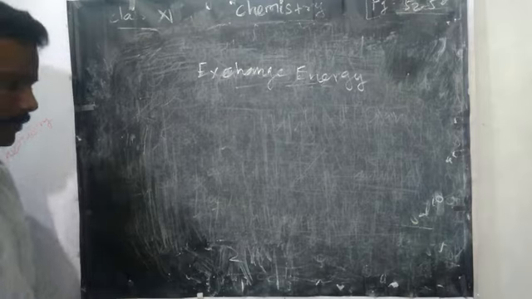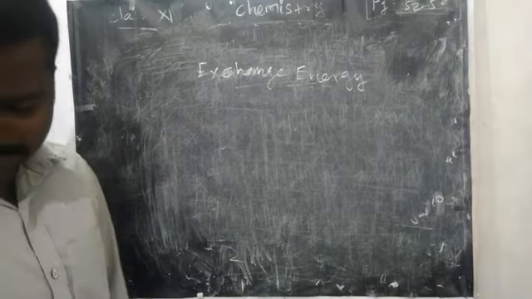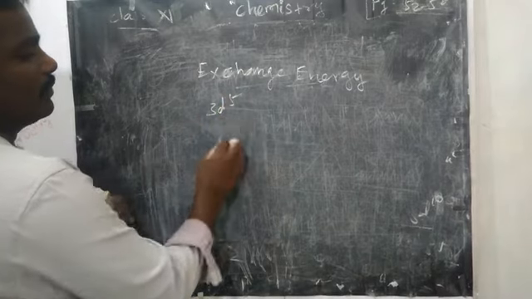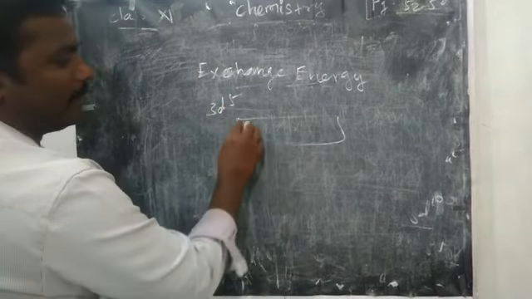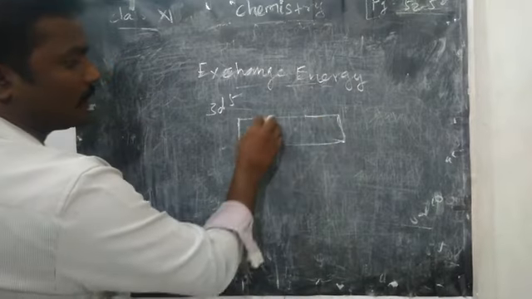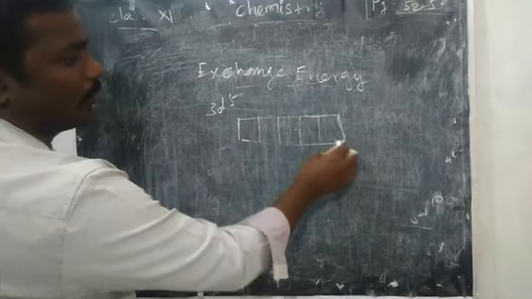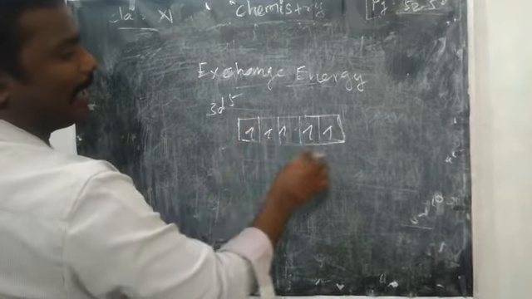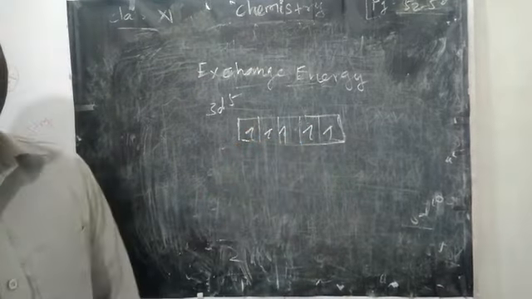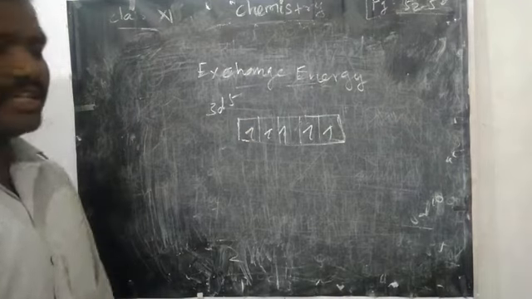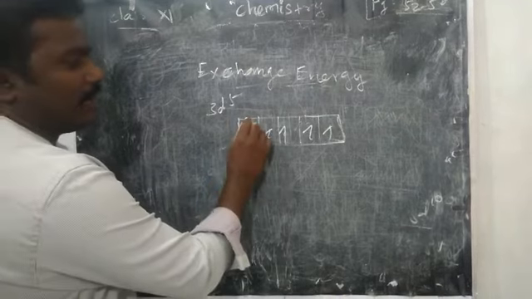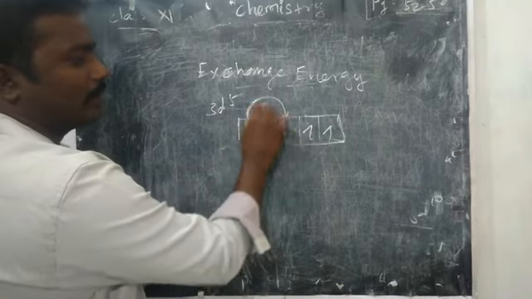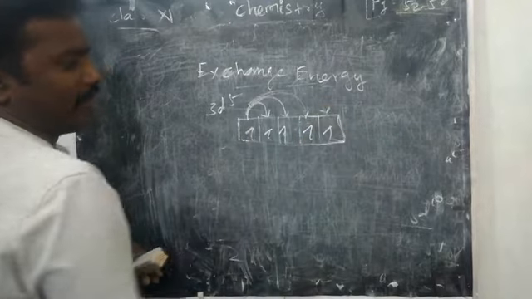Note the point. So for that we can write the same chromium 3d5. How do you draw the orbital diagram? 1, 2, 3, 4, 5, each one having one electron. Now, what are the possibilities for exchange? The first electron may exchange with the second one, third one, fourth one, and then the fifth.